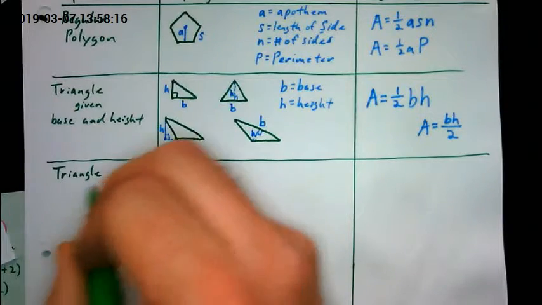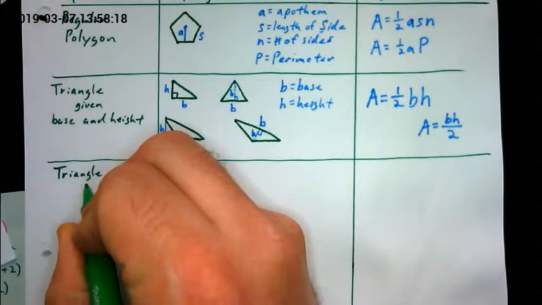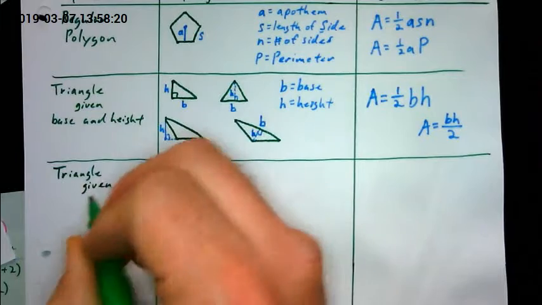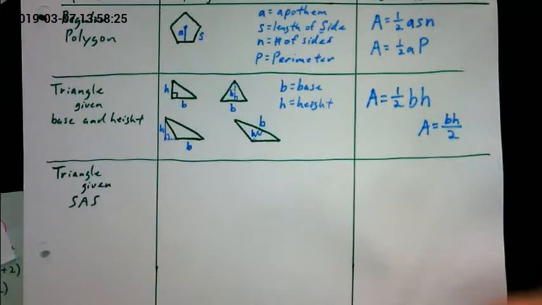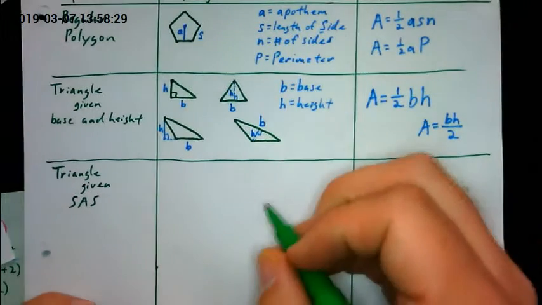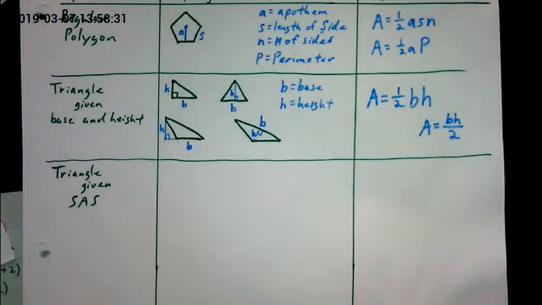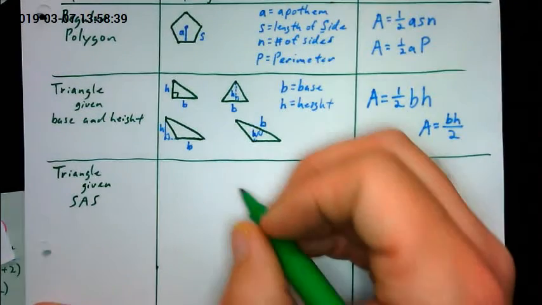So now, the other method for a triangle, if you're given side angle side, meaning you have two sides and an included angle. Now, this uses a little bit of trig. It's not anything where you actually have to solve for a missing side, but there is a trig function in our actual equation.